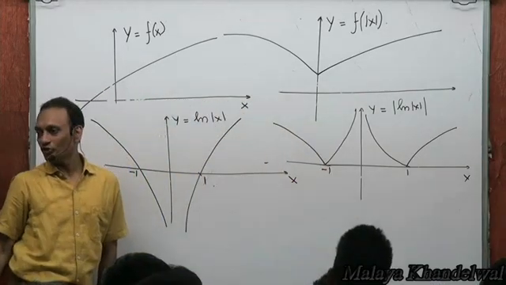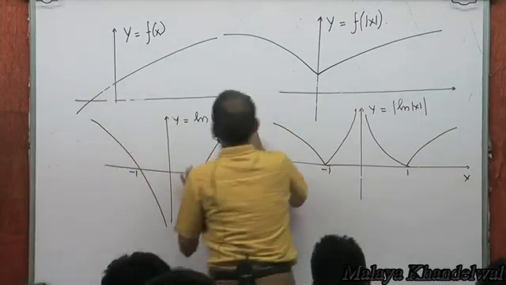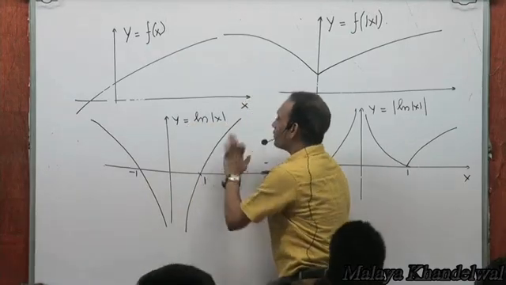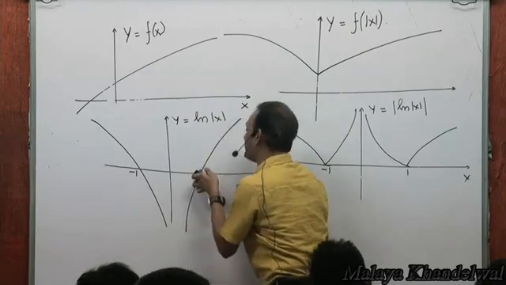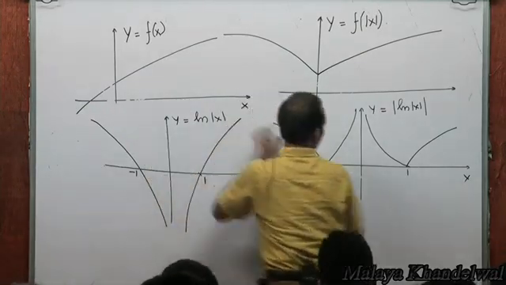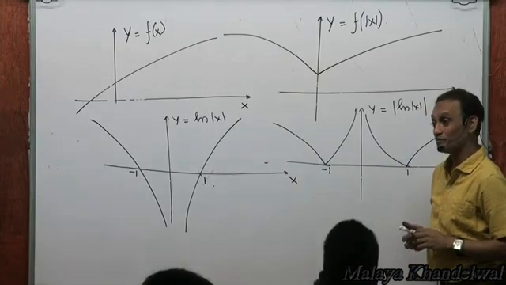This will be the graph of mod of ln of mod x. If I have to take the mod of this, wherever this is positive, I retain that portion. Wherever negative, I reflect it about the x-axis.